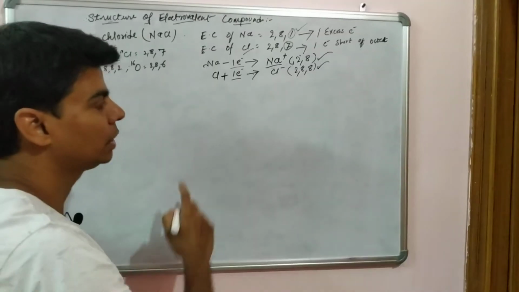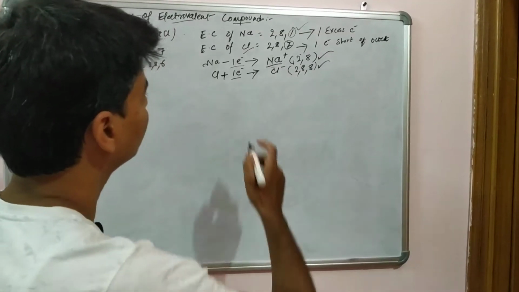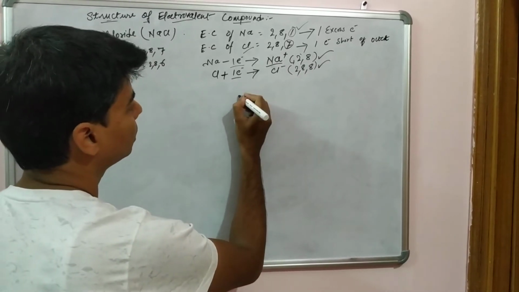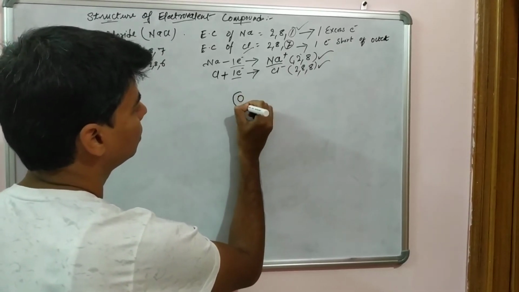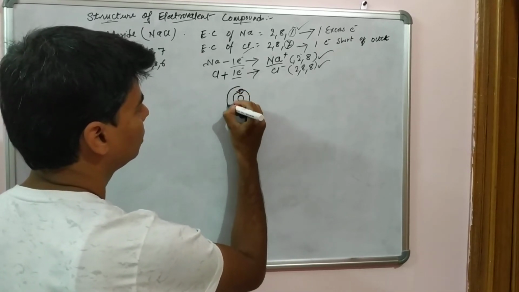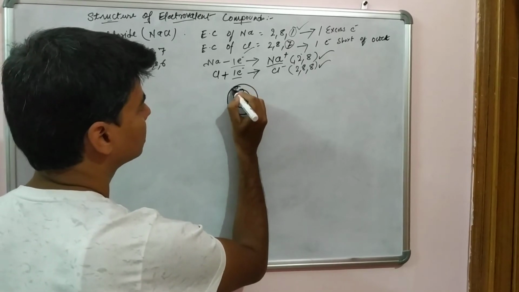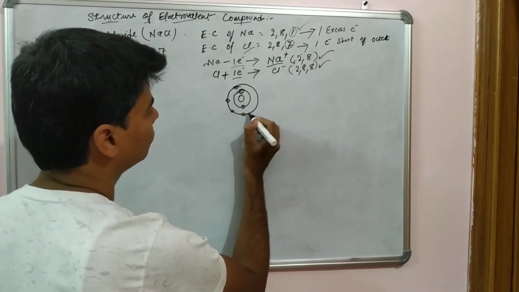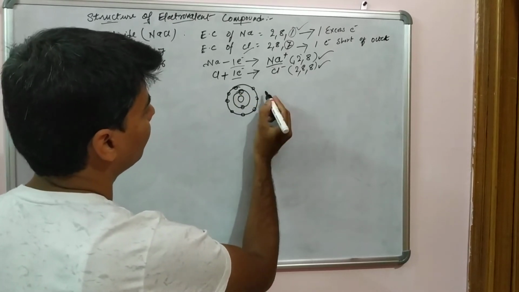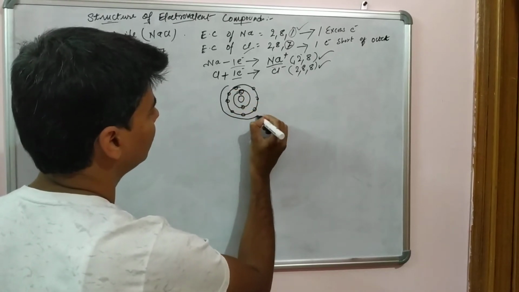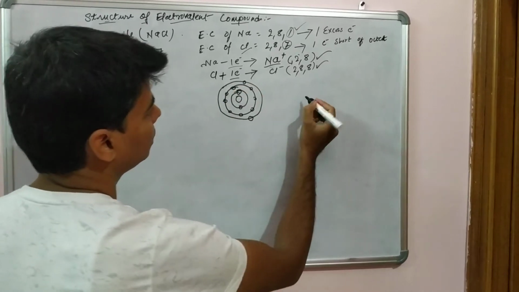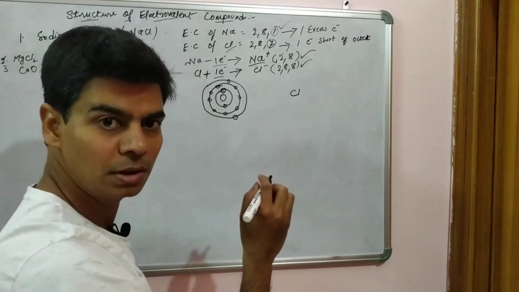Right, so we'll quickly draw the atomic structure of this sodium chloride molecule, an electrovalent compound. The first orbit has 2 electrons, the second has 8, 1, 2, 3, 4, 5, 6, 7, 8, and the outermost valence shell has 1 electron. Similarly, we will draw the structure of chlorine.